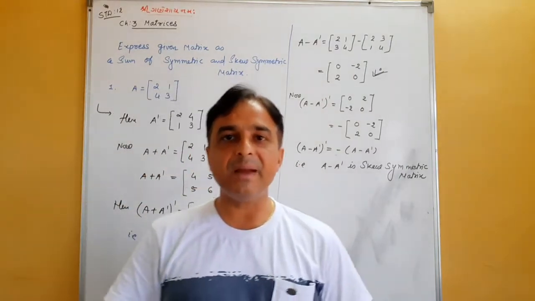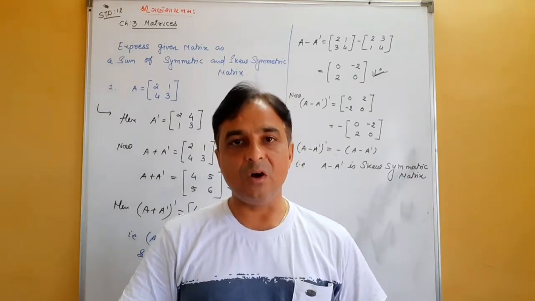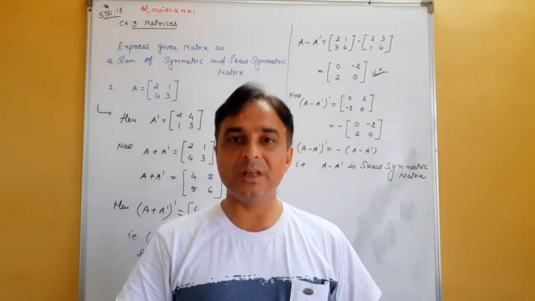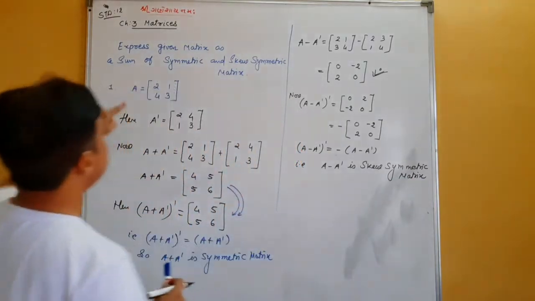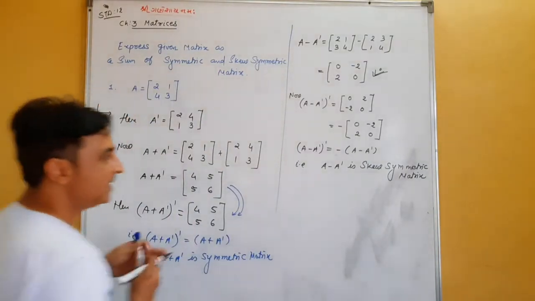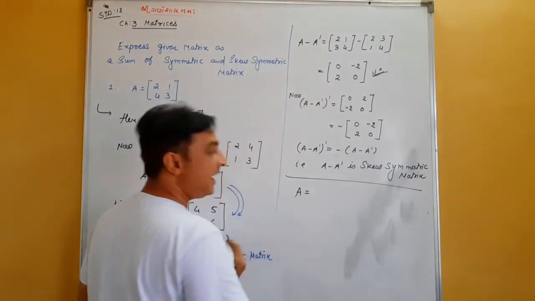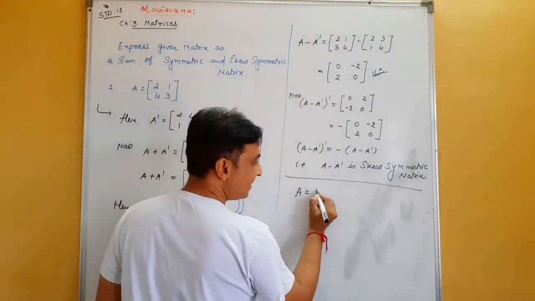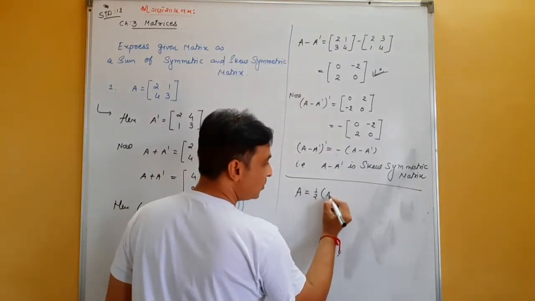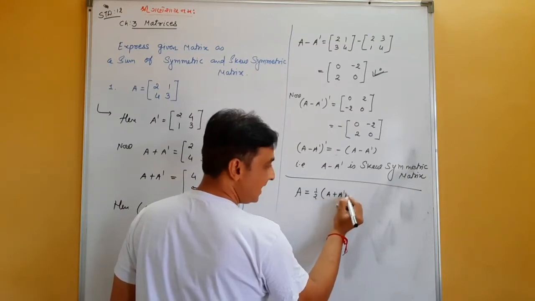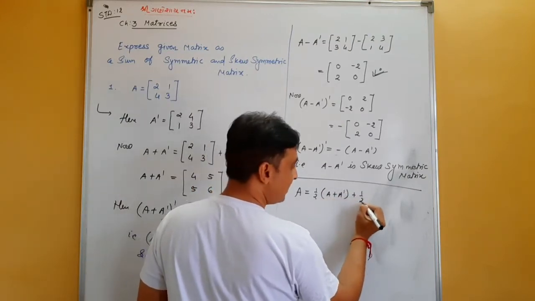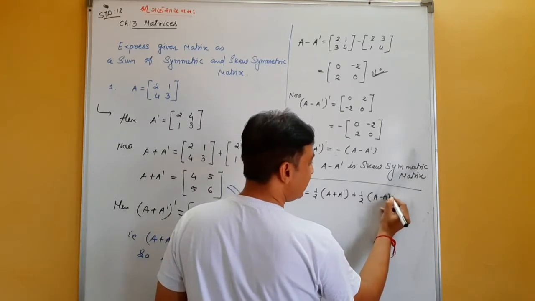Now, what is our question? Express a given matrix as a sum of a symmetric and a skew symmetric matrix. The given matrix is A. So A is 1/2 (A plus A') plus 1/2 (A minus A').